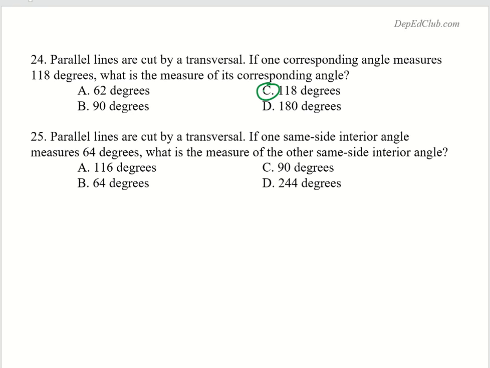If one same side interior angle measures 64, what is the measure of the other same side interior angle? Same side interior angles are supplementary, or equal to 180 degrees when added. So we have 180 minus 64, which is 116 degrees. Thank you guys and good luck on your summative.